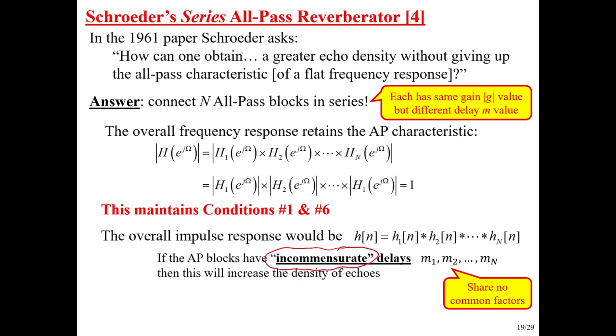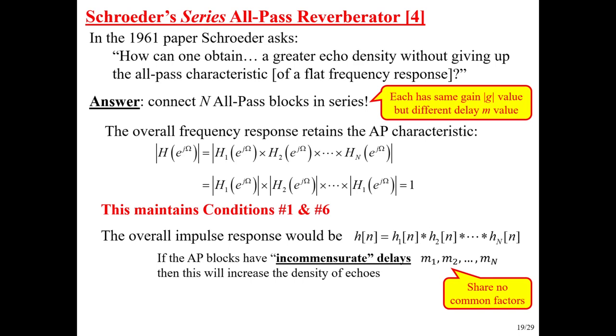That's a little bit of a loose use of that term, but the bottom line is these integers should share no common factors. It doesn't mean that they're individually prime, although that would certainly work. It means that they're what's known as relatively prime. There's no common factors between them.